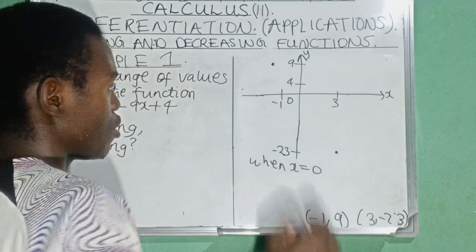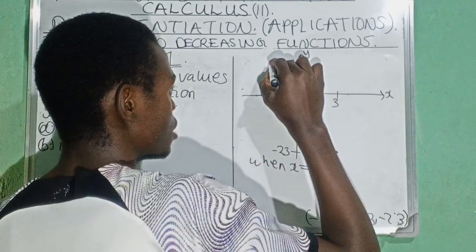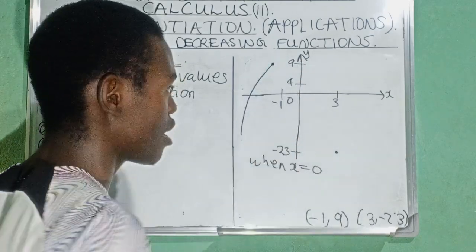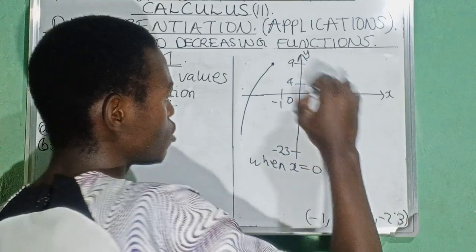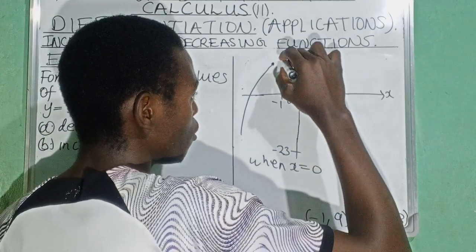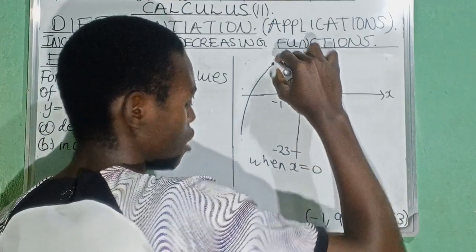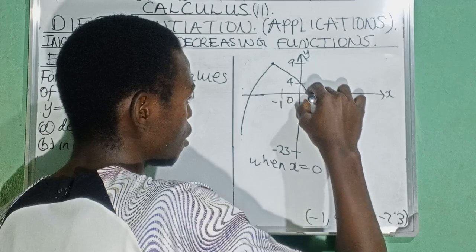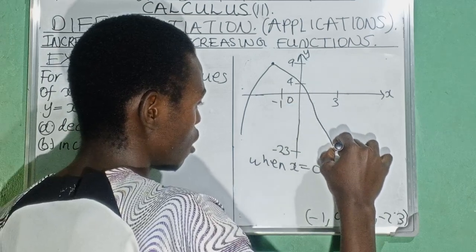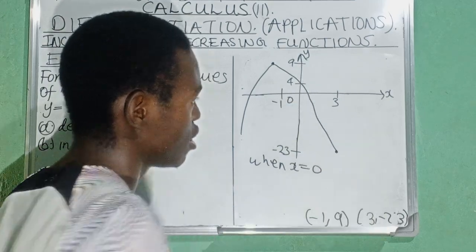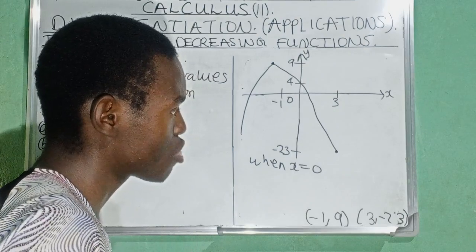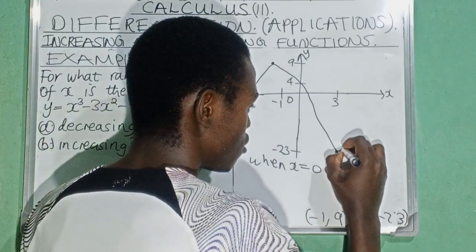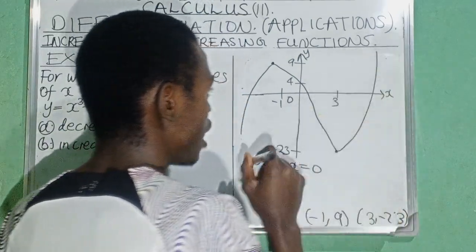Like that. So the curve would be coming from somewhere this side, and then it's going to go all the way and cross somewhere at a positive 4. And then at that point 3 comma negative 23, it's going to turn, because it's a turning point, and go like that.